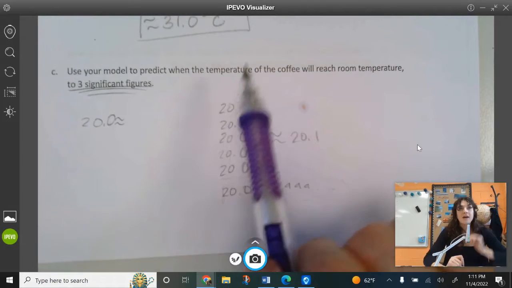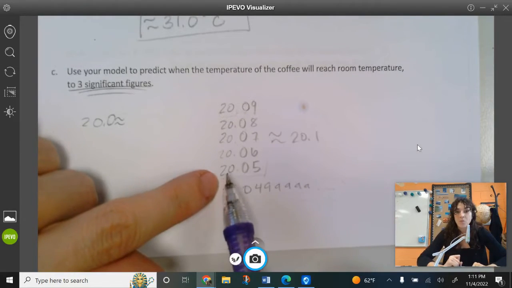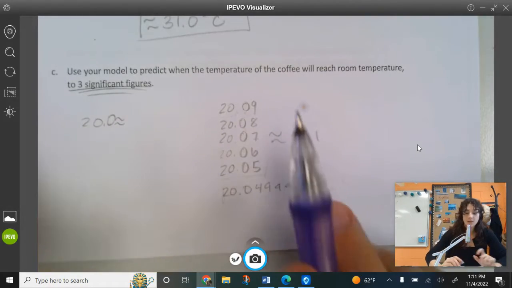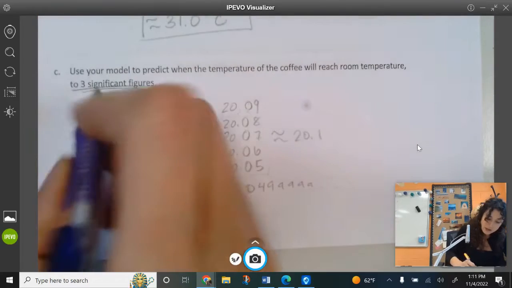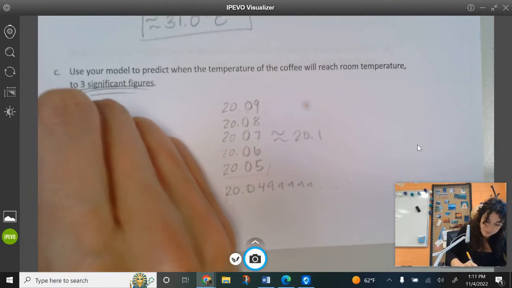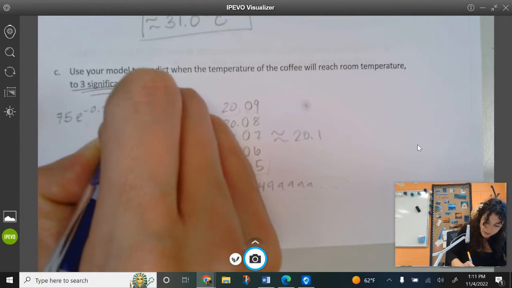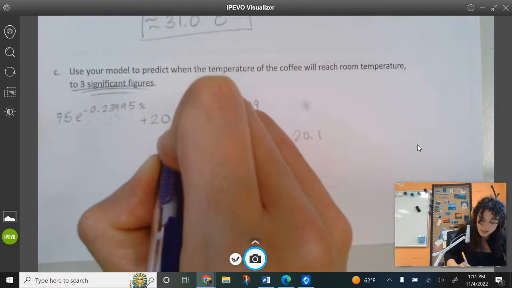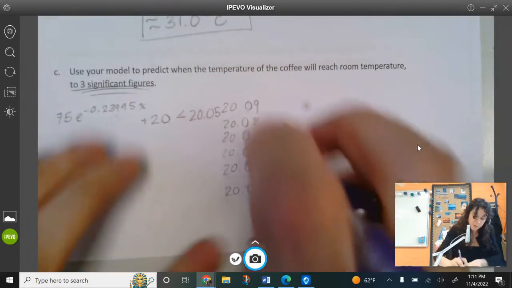We want to know, when will the temperature get to a point where it's almost immediately below 20.05? Mathematically, I set this equation to be, when will this be strictly less than 20.05?